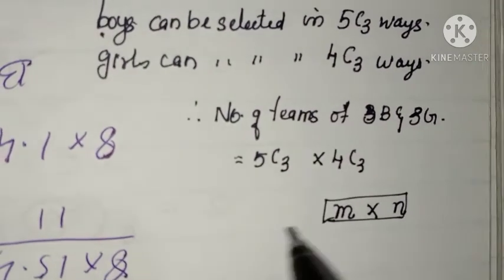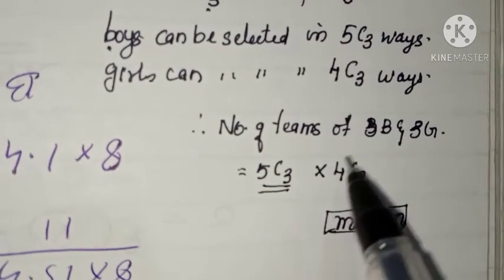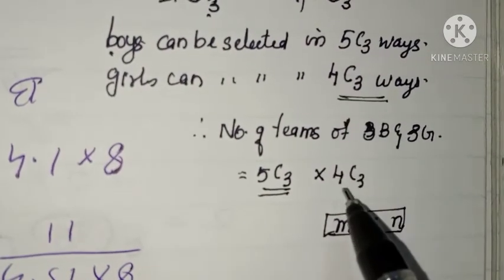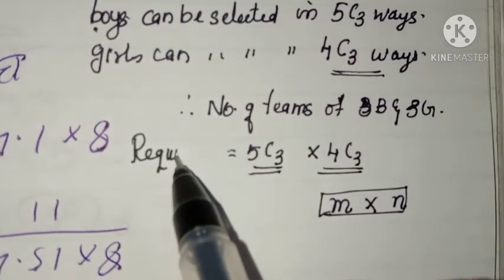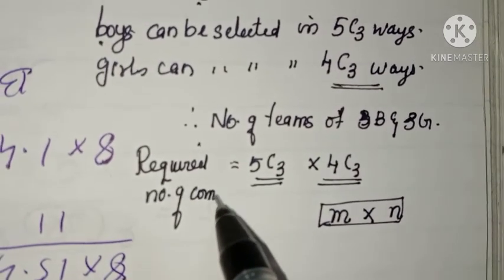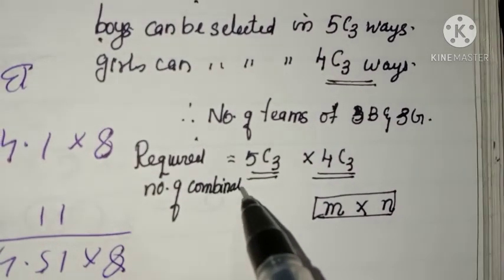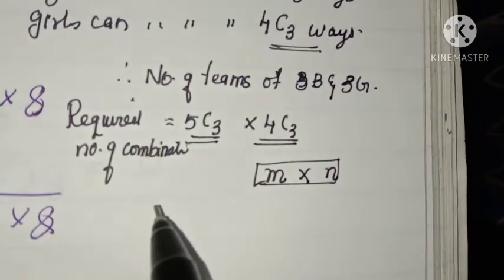That is the multiplication principle. So boys can be selected in 5C3 ways. Girls can be selected in 4C3 ways. Therefore, required number of teams is equal to the product of these two, 5C3 into 4C3.